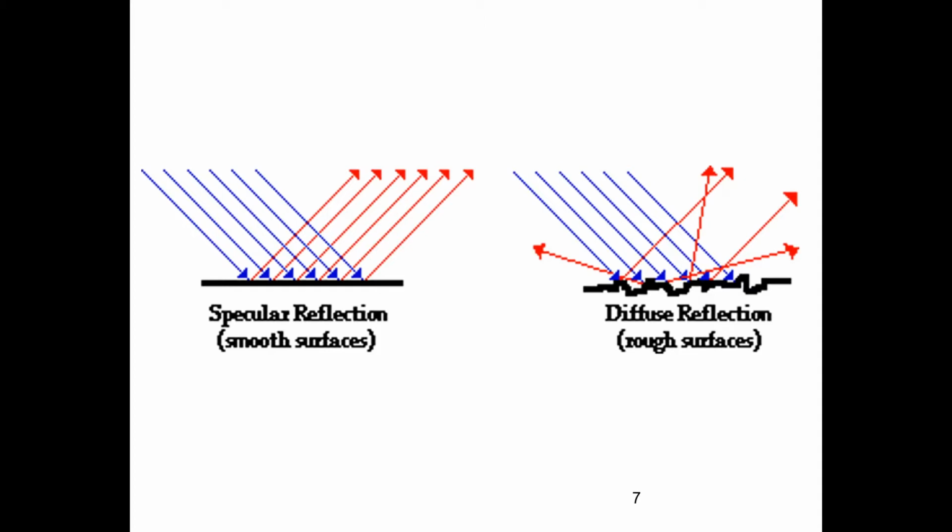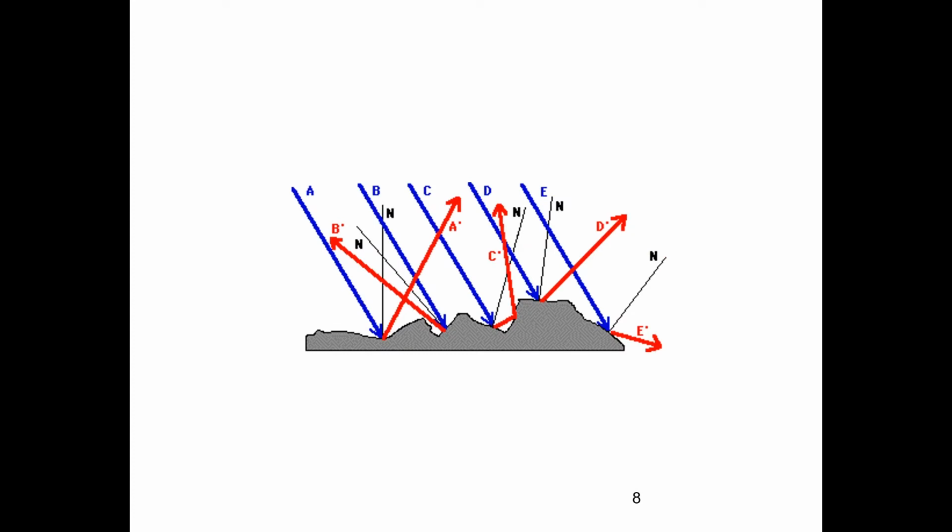As you can see from the specular reflection on the left, reflected rays leave the surface at the same angle that the incoming rays struck the surface. This is also true of the diffuse reflections. It's just not as obvious. You can see every one of these.